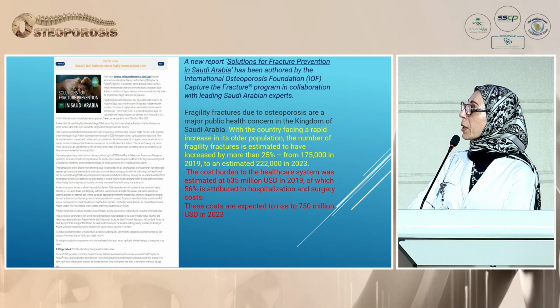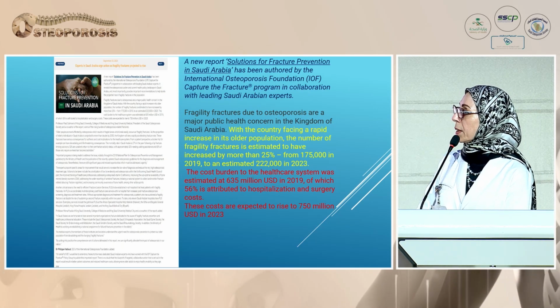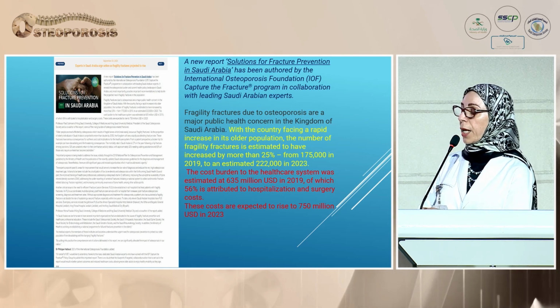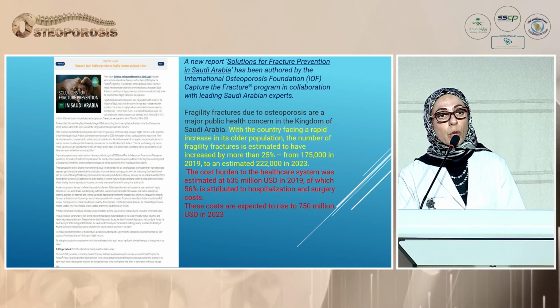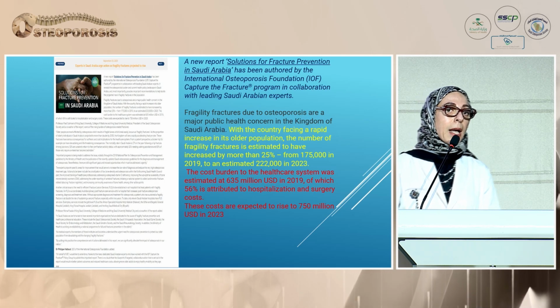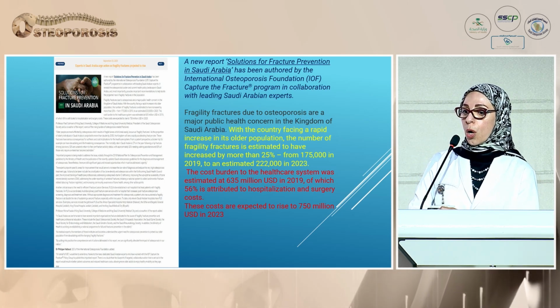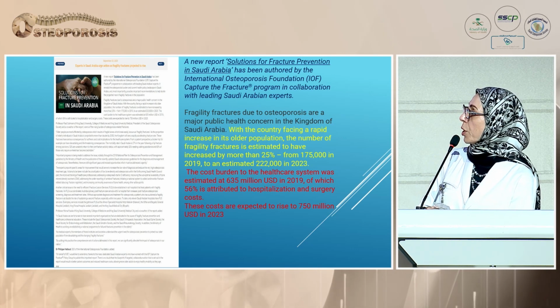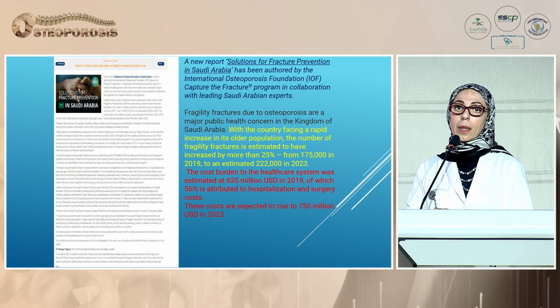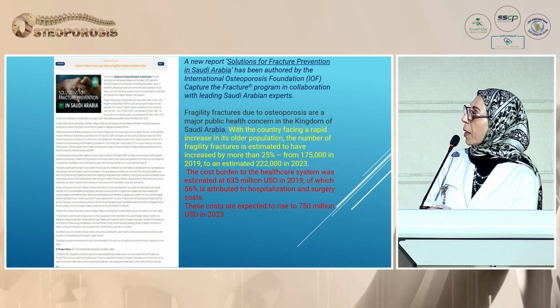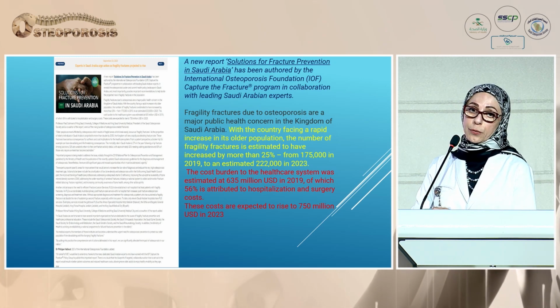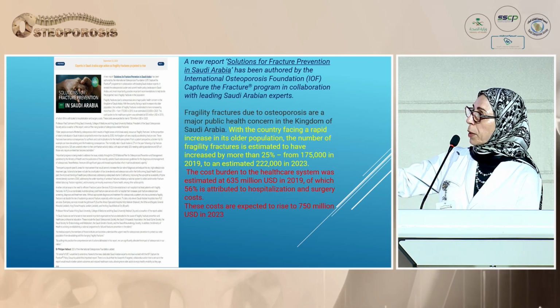Now, the last 2 slides are this interesting publication. The IOF approached the Saudi Osteoporosis Society a few months back, and they said that they want to work on a publication or a landscape project for Saudi Arabia addressing solutions for fracture prevention. This was the press release.